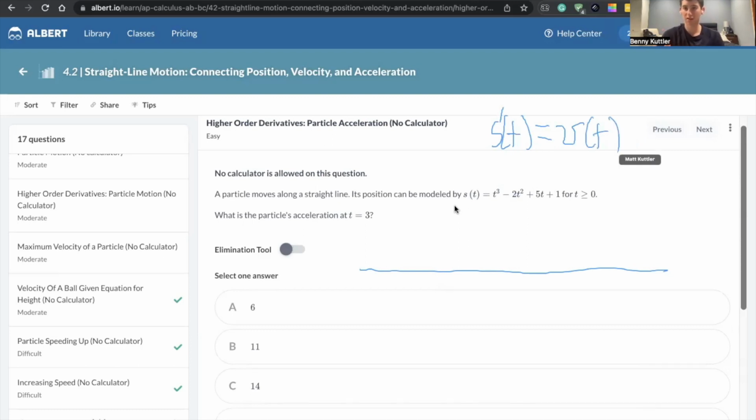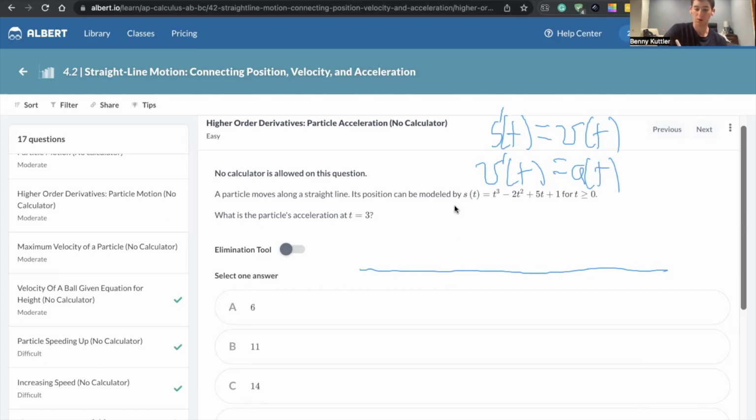If you're moving in a car, your speed or your velocity is given by how fast your position is changing. And similarly, the derivative of the velocity, v prime of t, is equal to the acceleration of the particle. So you're going to be tested on these in the AP exam. They're going to want to see if you know the relationship between position, velocity, and acceleration.